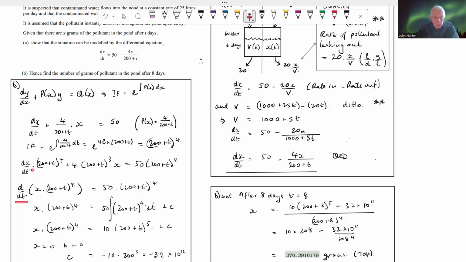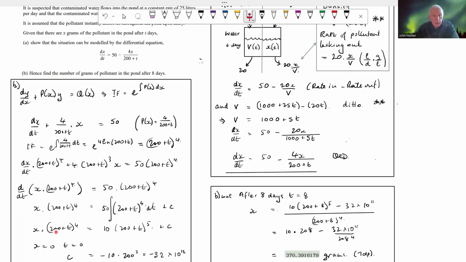So we've got the derivative of x times the second term in the product, plus the derivative of this, which is going to be 4 times (200 plus t) to the power of 3. That's just the power rule. That's differentiation by the product rule, and it equals the right-hand side.